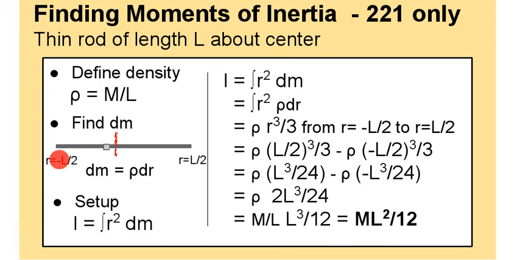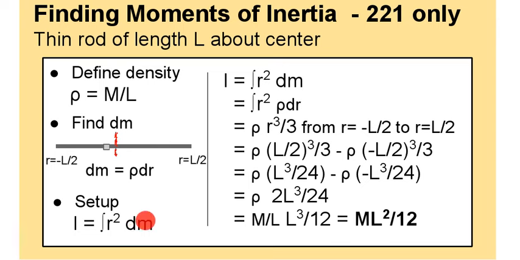This time my limits of integration are going to go from this end of the rod to there. The entire length of the rod is L, so I've got half the length of the rod on the left and half of it on the right. R is going to go from negative L over 2 to 0 all the way to L over 2. I'm measuring from the middle, and I'd have to go half of the length this way and half of the length that way.